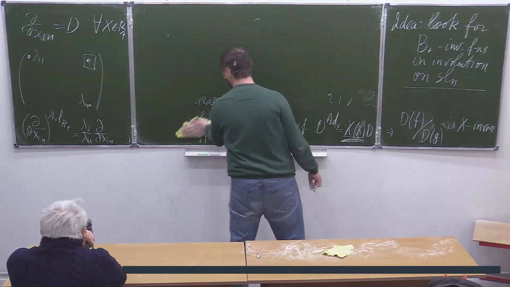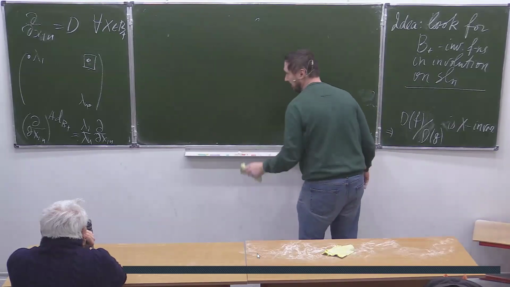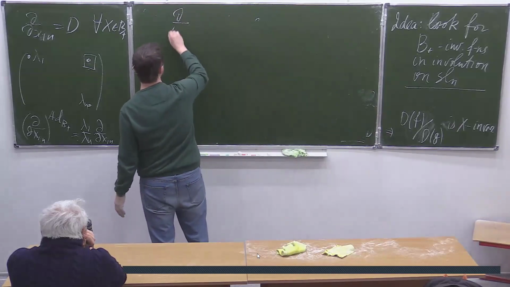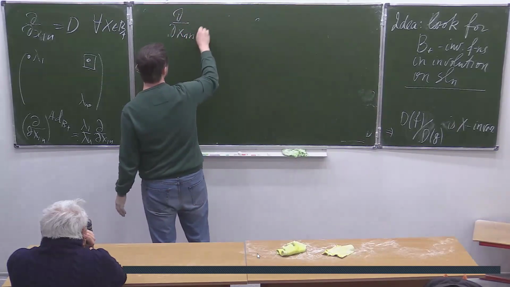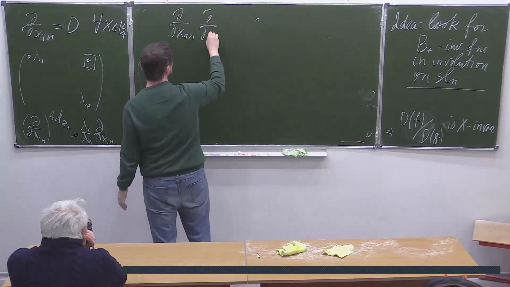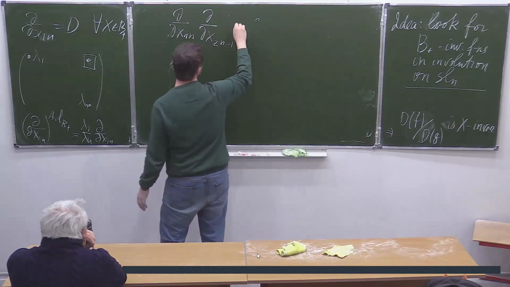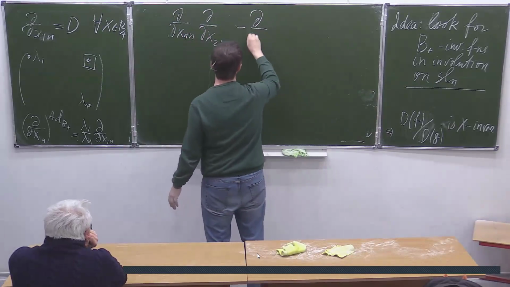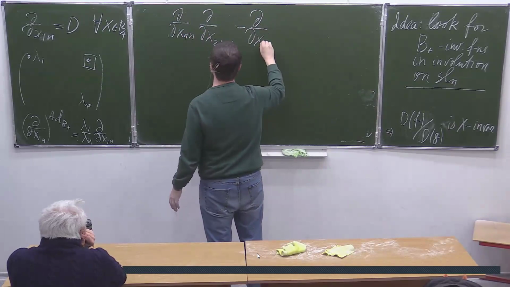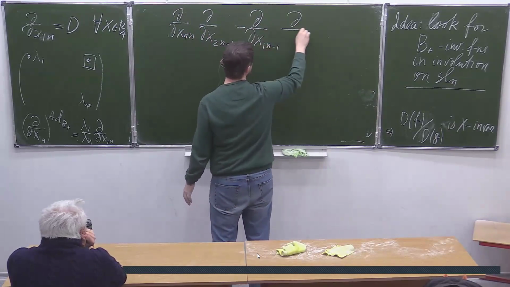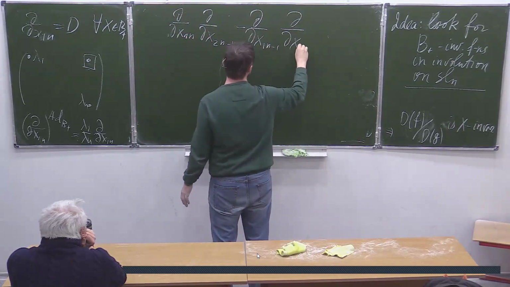You can take, for instance, the operator which is given by d over dx_{1n} d over dx_{2,n-1} minus d over dx_{1,n-1} d over dx_{2n}.